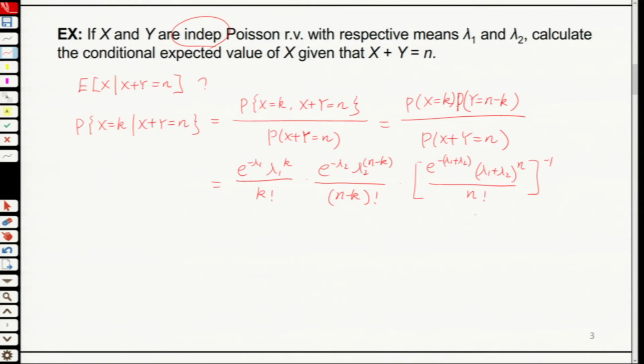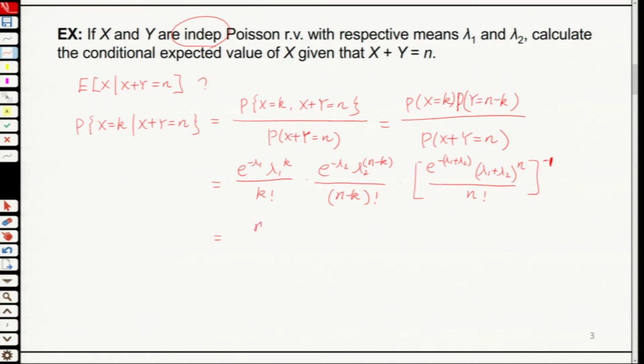Okay, let's rearrange. This is an inverse, right? Why do we have an inverse? Because it's a denominator. I just write them together, so I have to add an inverse. Because n factorial is inverted, and we invert it again, it flips to the numerator.